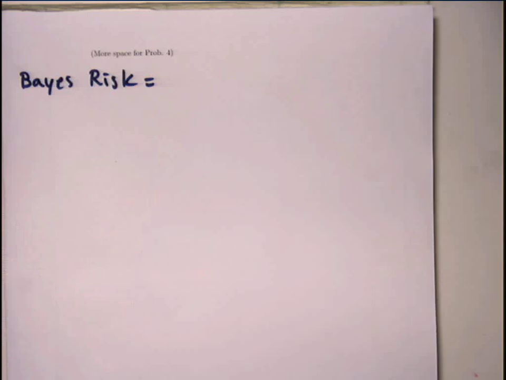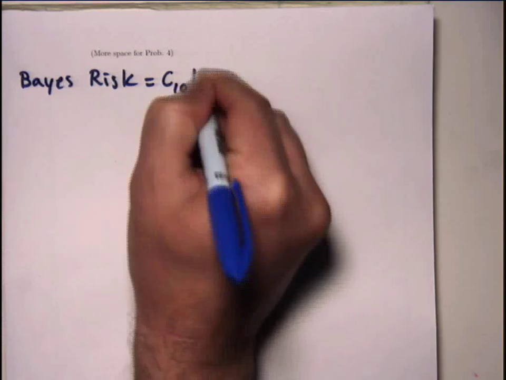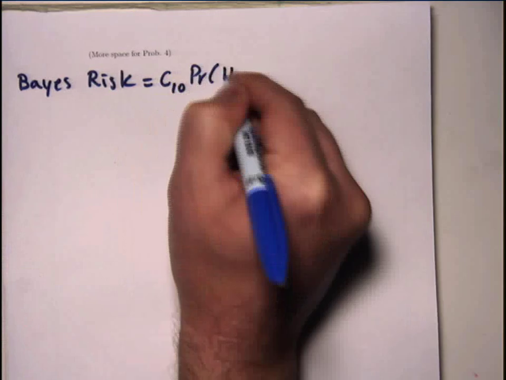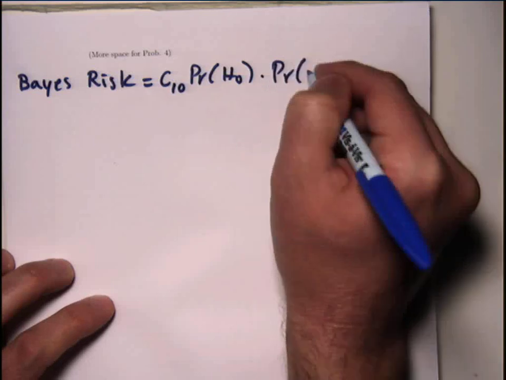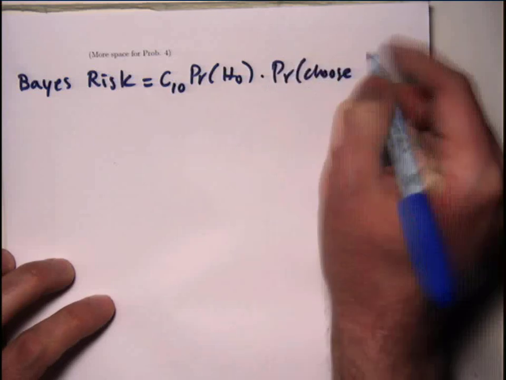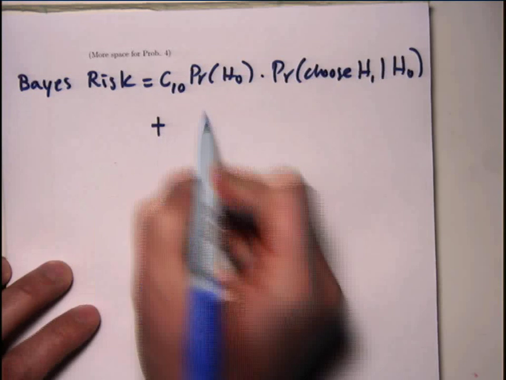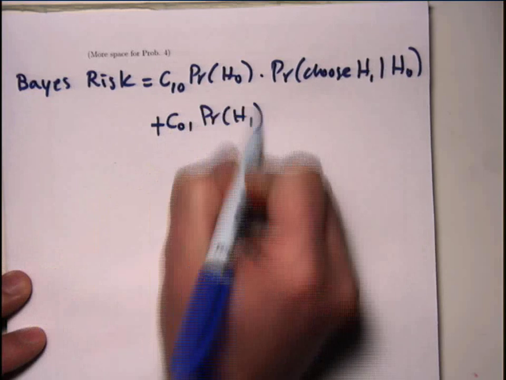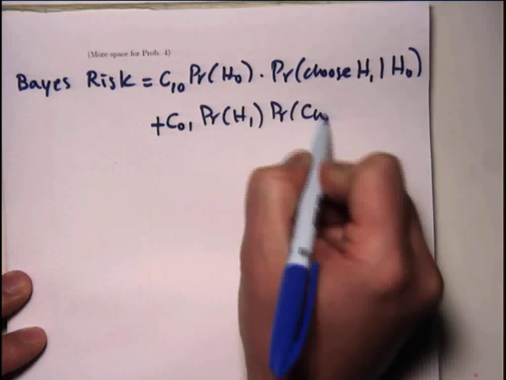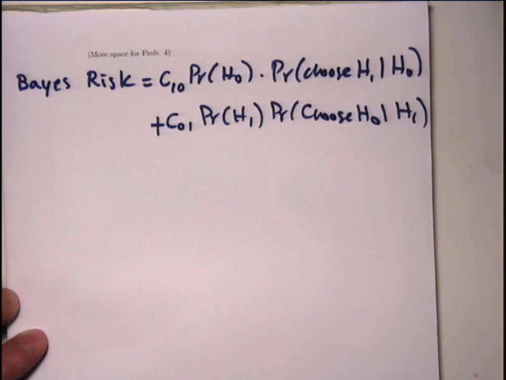Okay, so in this case, you're going to have C10, probability of H0, and then you also want to multiply this by the probability of choosing H1 when H0 is true, plus C01, probability of H1, times the probability of choosing H0 given H1 is true.